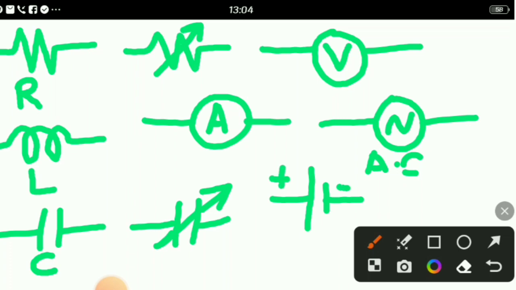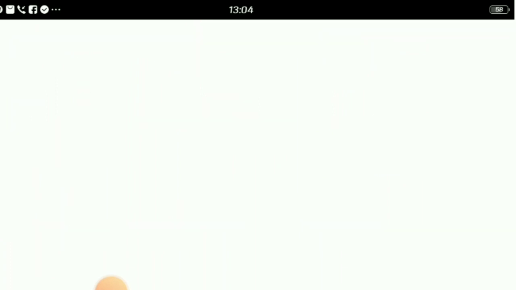So this is the symbol of cell or battery, or represent here a battery source. Now another one, ground. Ground is represented by the symbol, so this is the symbol of earth or ground.